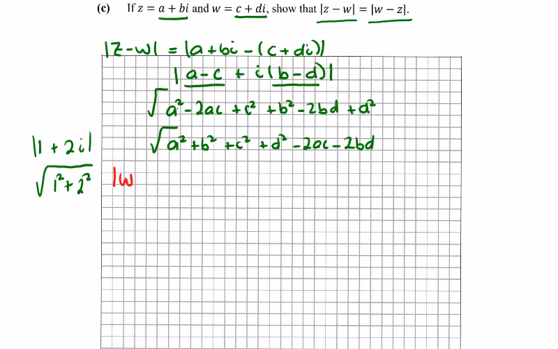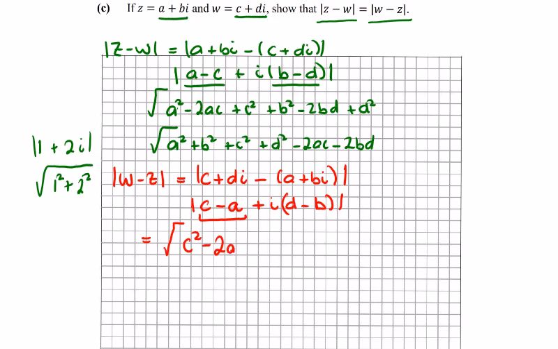So the modulus of w minus z is equal to c plus di minus a plus bi, which is c minus a plus i times d minus b. So the modulus of this guy is equal to the square root of, if I square this guy, I'm going to get c squared minus 2ac plus a squared.